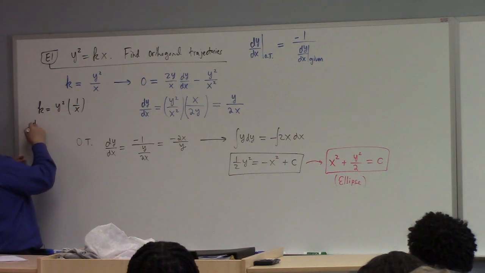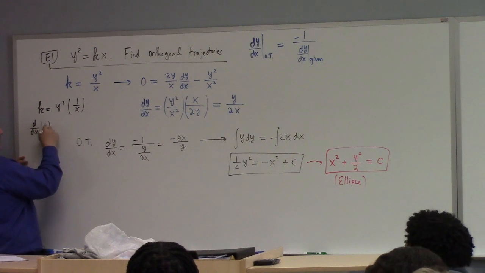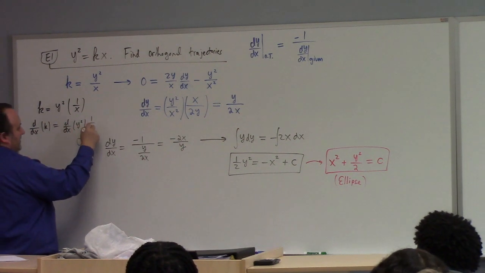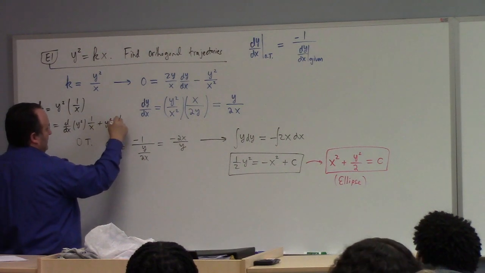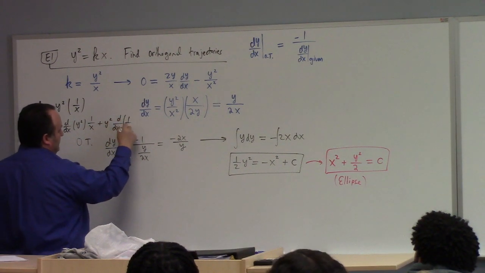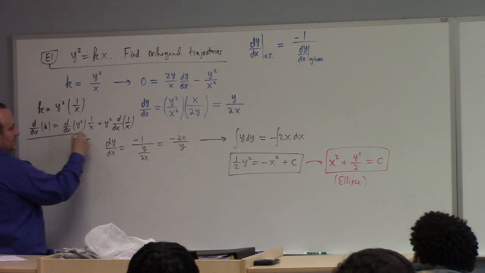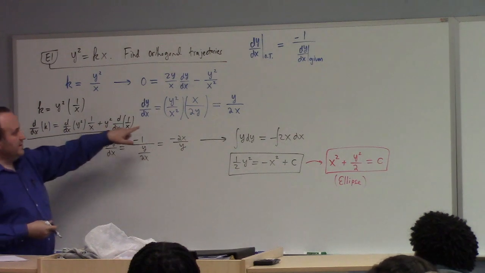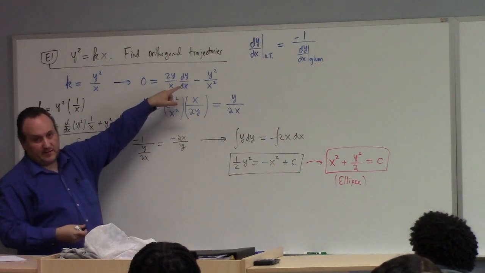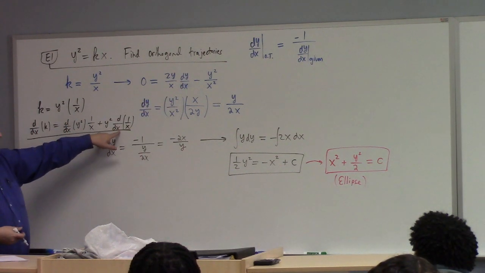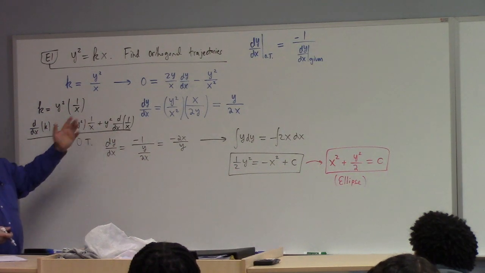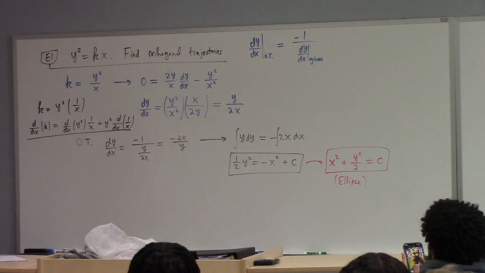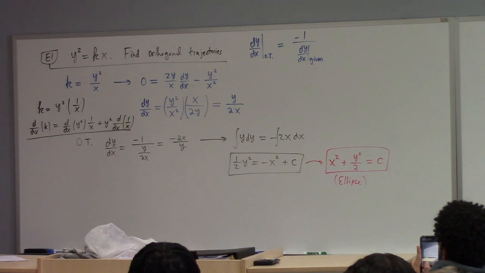So if I differentiate k, I have the derivative of y squared times 1 over x plus y squared times the derivative of 1 over x. Product rule. The derivative of y squared is 2y dy dx, and the derivative of 1 over x is minus 1 over x squared. So it's the product rule. Other questions? No? All right.